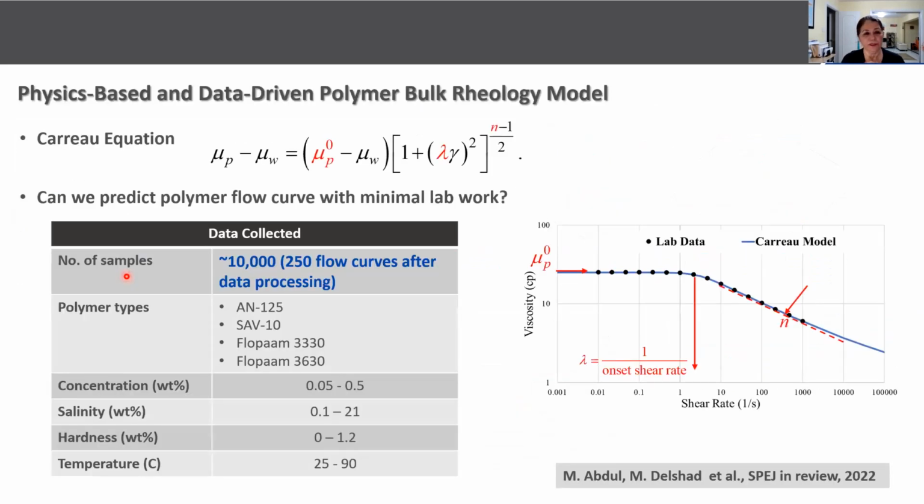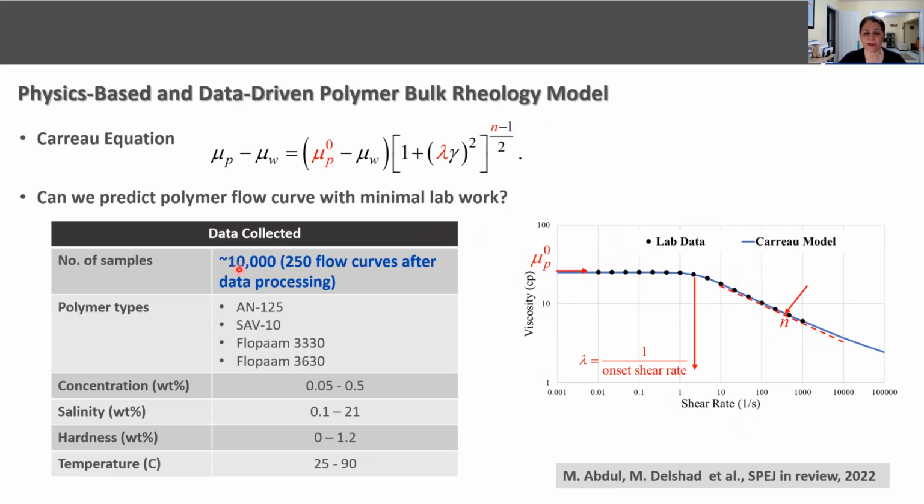Then I have a student right now that we were interested in collecting a lot of data from different commercial labs and from the University of Texas measurements on the polymer rheology. So when you measure the viscosity of polymer solution as a function of shear rate, that's the normal behavior.